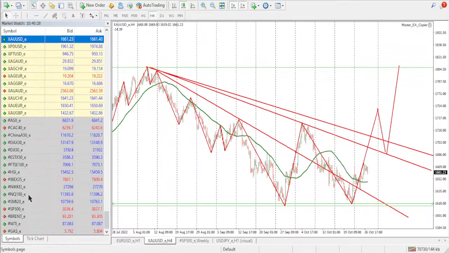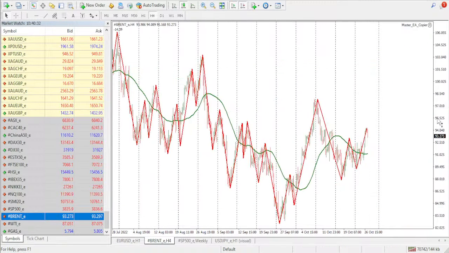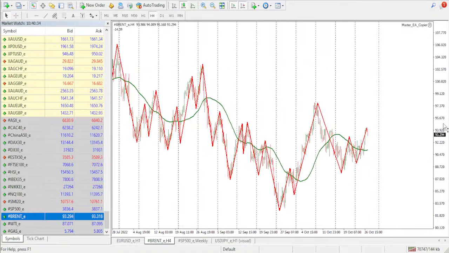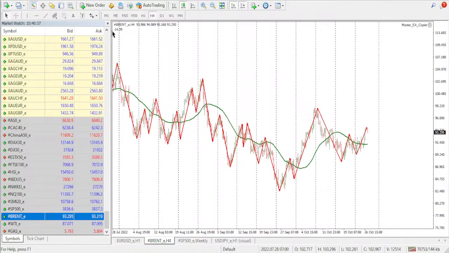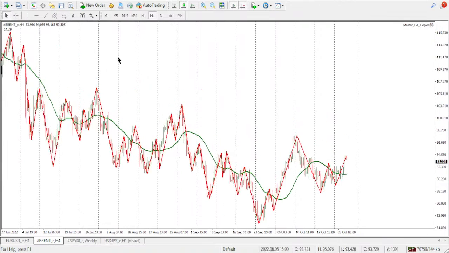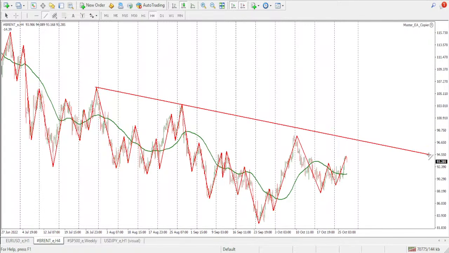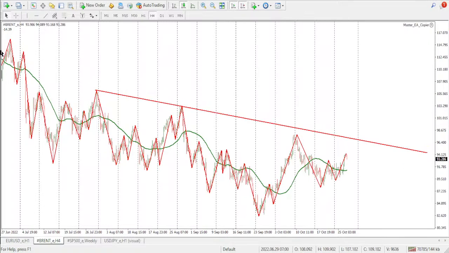My next instrument is Brent oil. We have it here. With this, these are the zones we want to look at. We have a very good channel formation. It looks like a channel formation, though I have still not confirmed it.